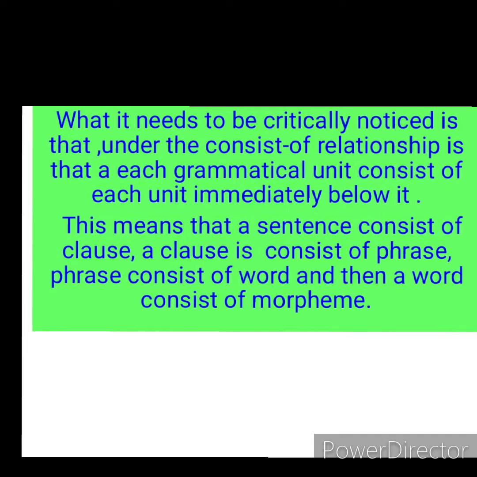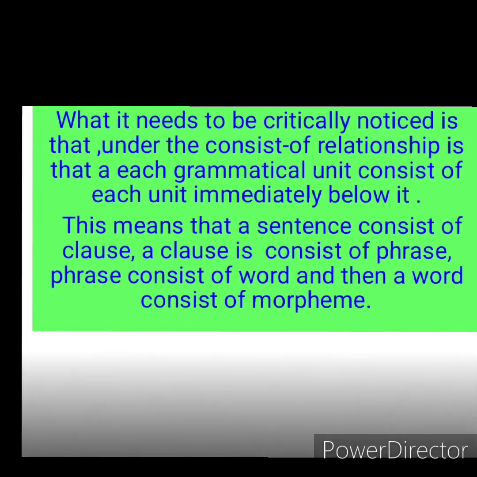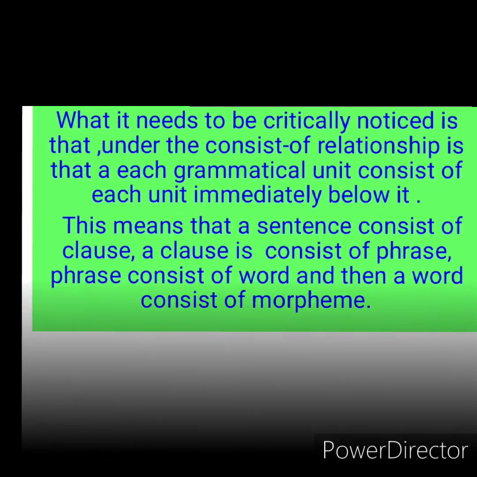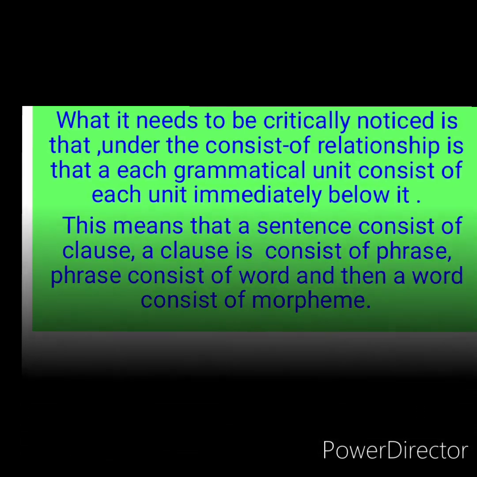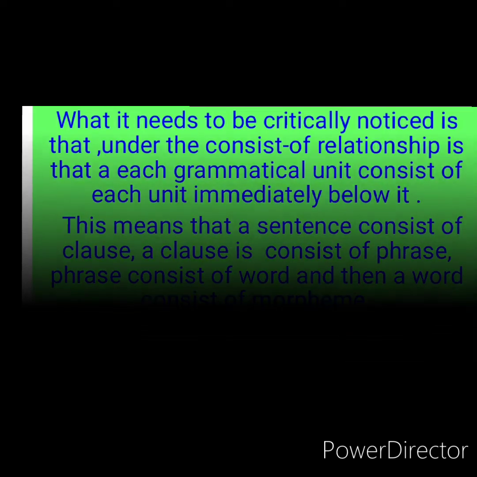That is the consist of relationship. Please, let's take note. Always it starts from the highest with the arrow pointing down to morpheme, which is the least on the rank scale.